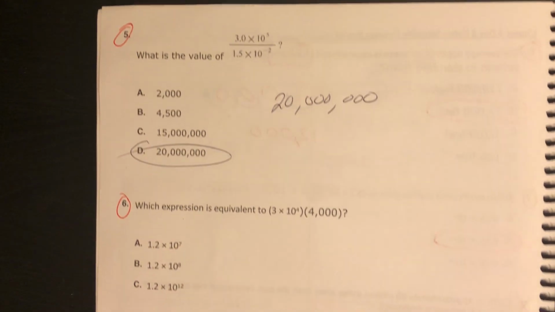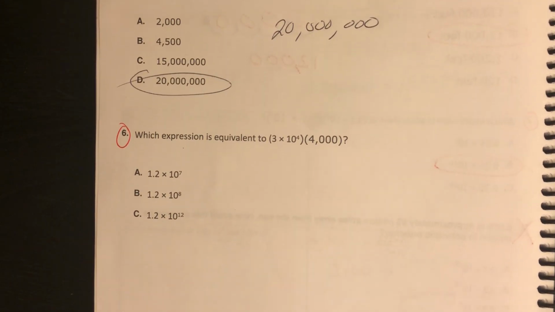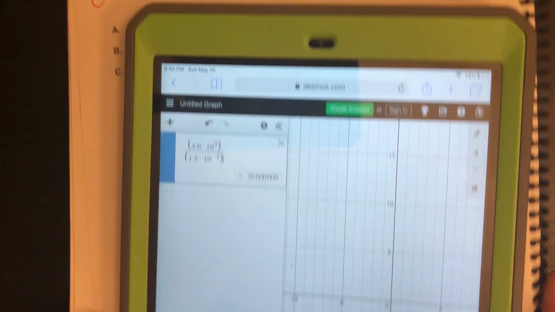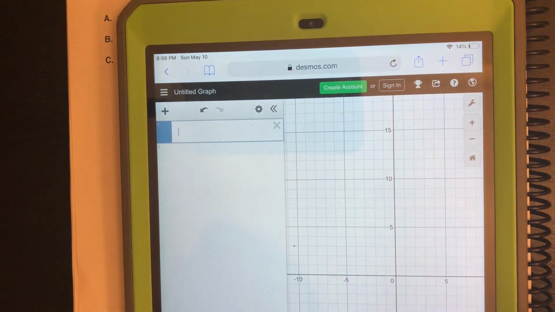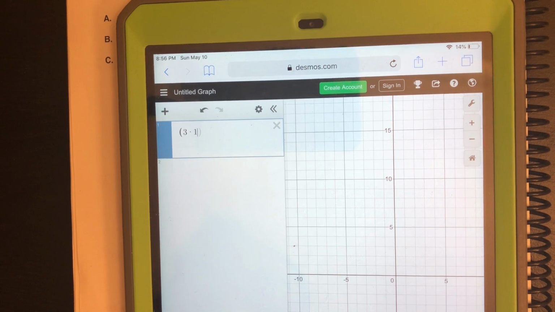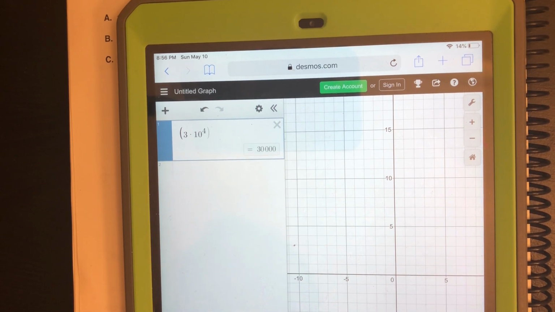Okay, and the last one, number 6. Which expression is equivalent to that? So once again, I'm going to type that into my calculator or Desmos and figure out what the answer is, okay? So we have parentheses, 3 times 10 to the power of 4, close parentheses, open up another set of parentheses and type in 4,000, close your parentheses, and there you go.